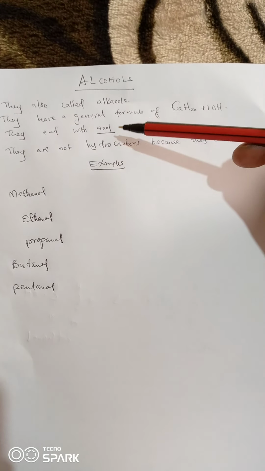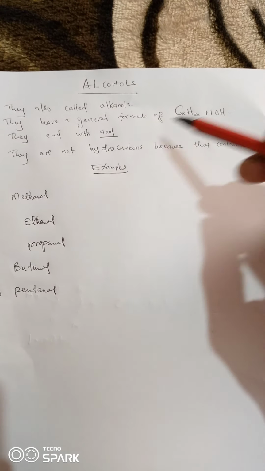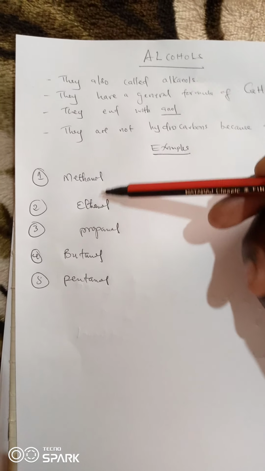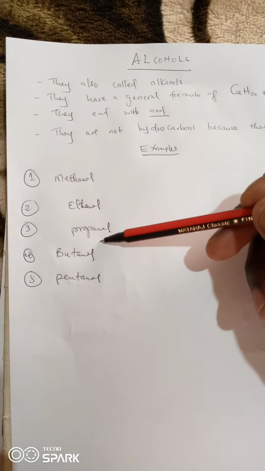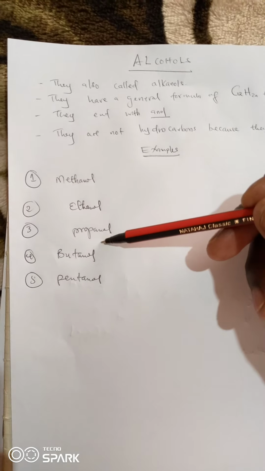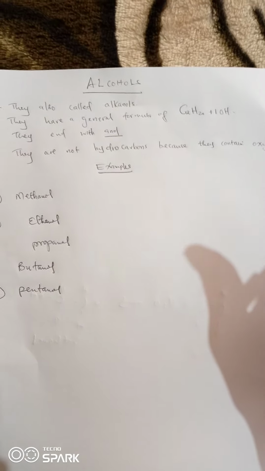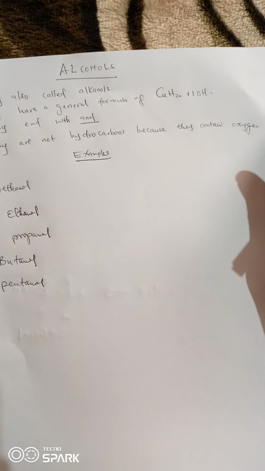And when you are writing them, they end in ANOL. For example, you have methanol, ethanol, propanol, butanol, pentanol. So this is what you should know. Even when writing them, they should end in ANOL.